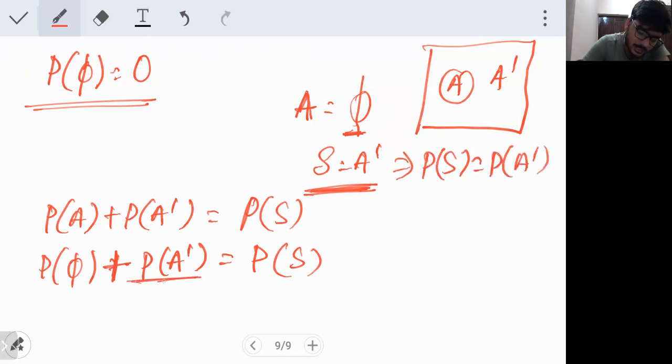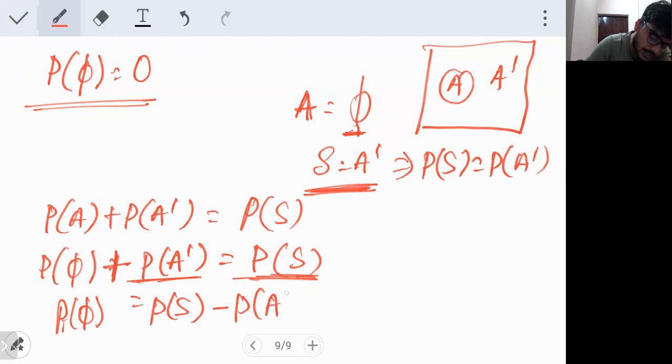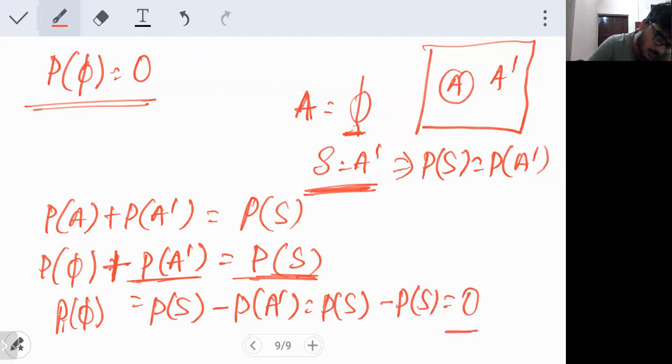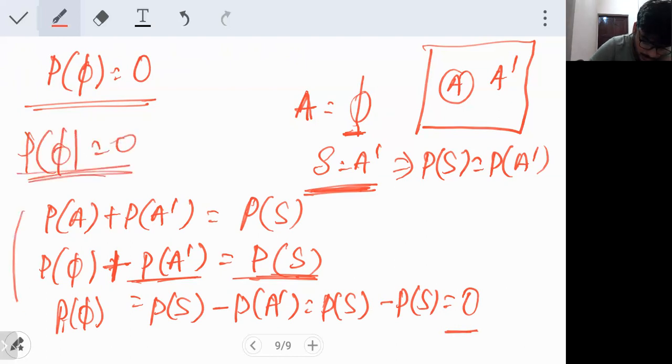So from here, we can say these two are equal. So the probability of the null set will be equal to the probability of the sample space minus the probability of A dash, that is equal to the probability of the sample space minus the probability of the sample space, that is equal to 0. Hence we can say the probability of the null set is equal to 0.